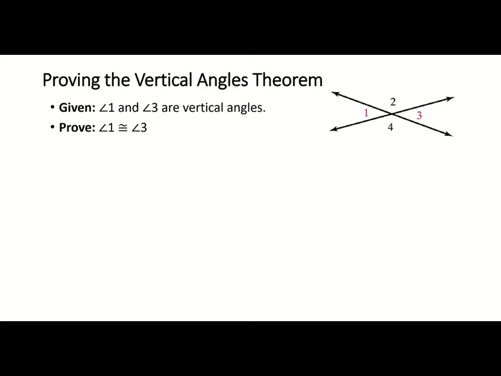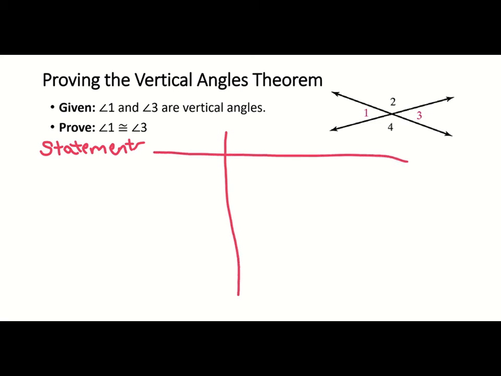Okay, now we're going to do another proof, and we are going to prove, and this is going to be a short one, probably 4 steps, that vertical angles are congruent. So again, we're going to do our 2-column proof. We're going to start off with our statements. And then we'll have our reasons.